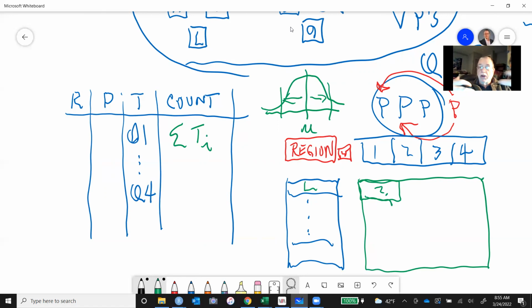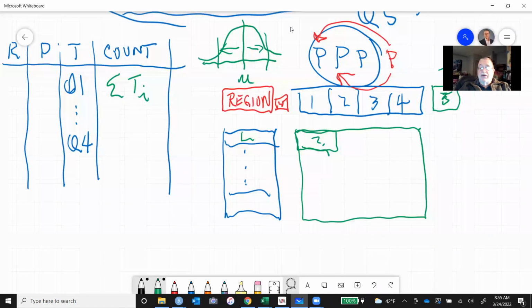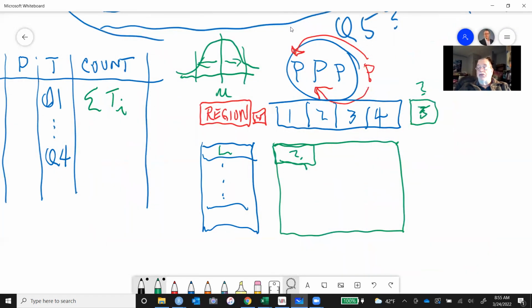The question is, what are we going to use this for? Well, we're going to use it to answer a forecasting question. What does Q5 look like? Well, I don't know what it's going to look like. So we might ask and answer these questions as well. What's a typical product count?